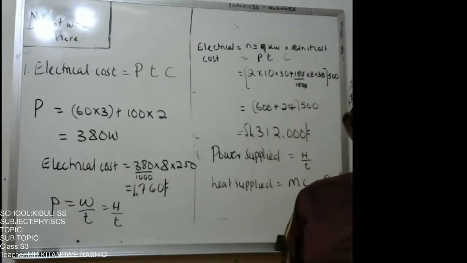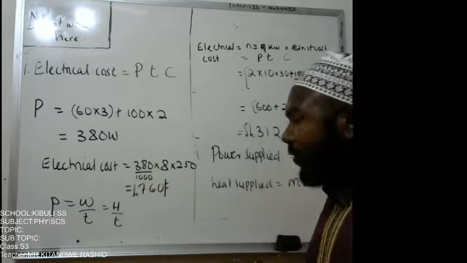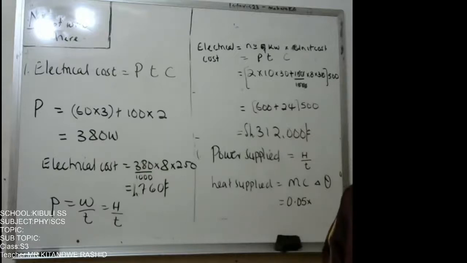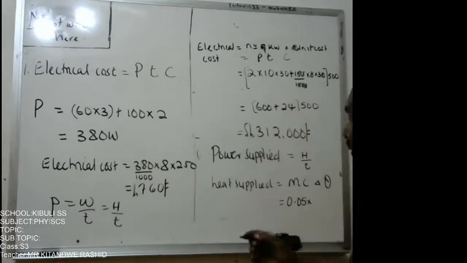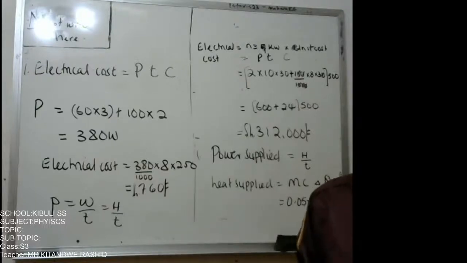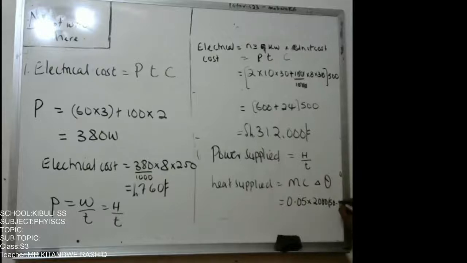Now, according to the question that we have, the mass was given as 0.05. Specific heat capacity for oil was given as 2000. And the temperature is changing from 30 to 50, so it's 50 minus 30, that is 20.